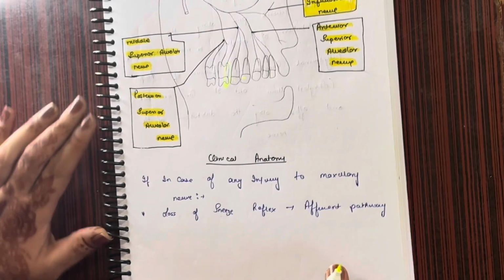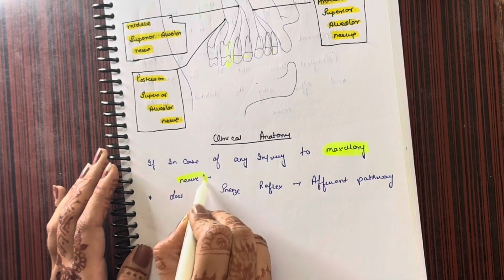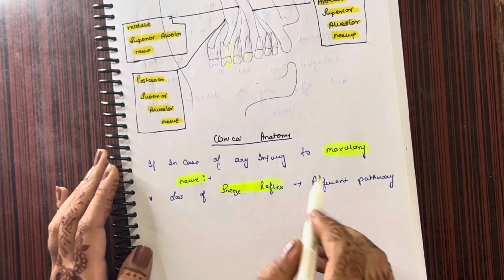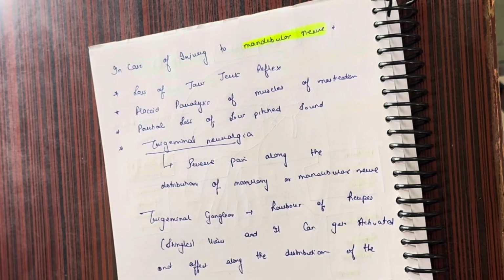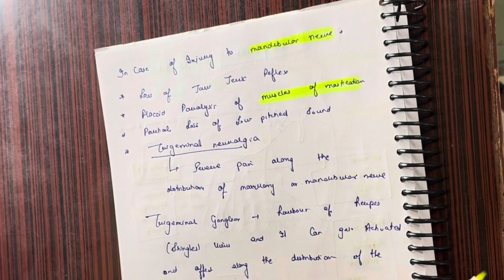Talking about the clinical anatomy, in case of any injury to the maxillary nerve, there will be loss of sneeze reflex because the efferent pathway is through the maxillary nerve. Injury to the mandibular nerve, you can see the loss of jaw reflex, flaccid paralysis of muscles of mastication, partial loss of low pitched sound.